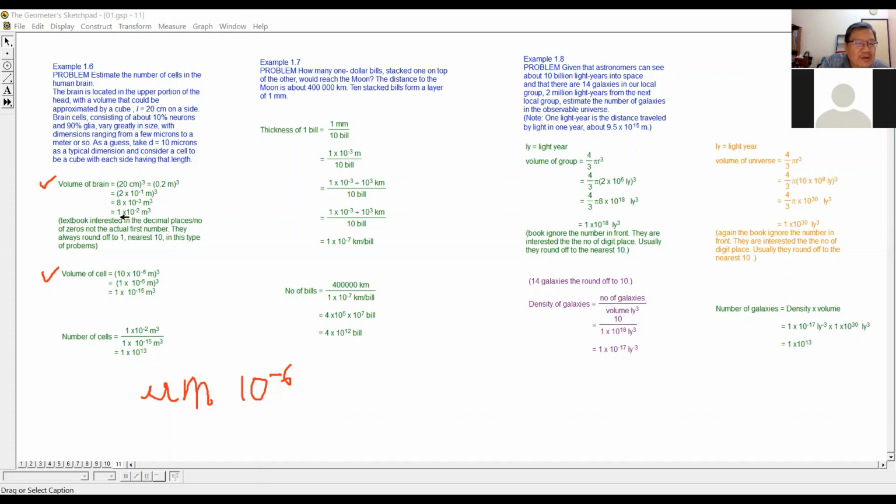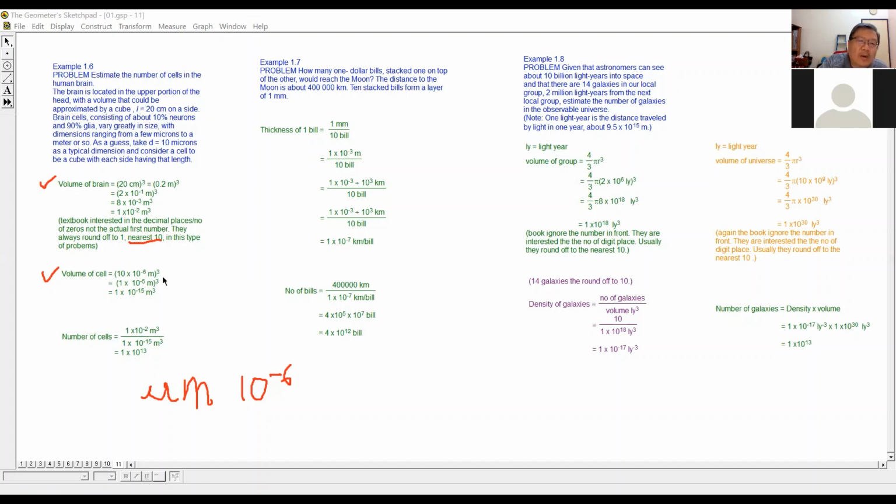Actually, it's 10 times 10 to the power of negative 3, which is 1 times 10 to the power of negative 2. So the number we round off to the nearest digit.